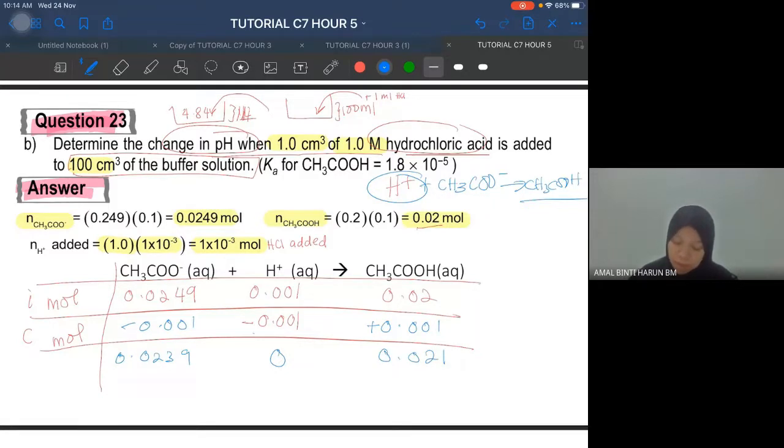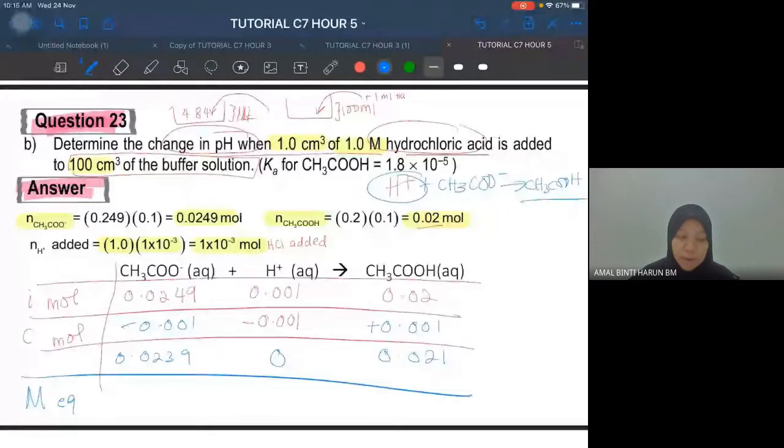Okay, and then at equilibrium, we try to find the molarity because we are going to substitute into the Henderson-Hasselbalch equation. So 0.0239 over the volume. Originally the volume was 100 ml. Now we add 1 ml HCl strong acid.